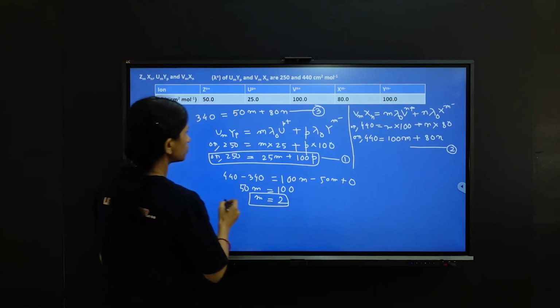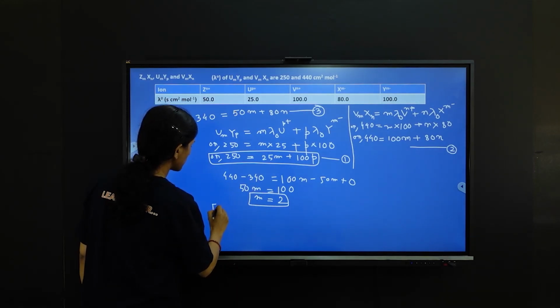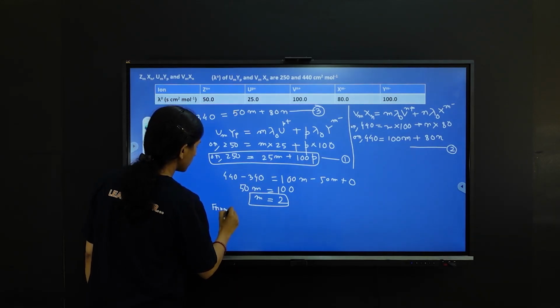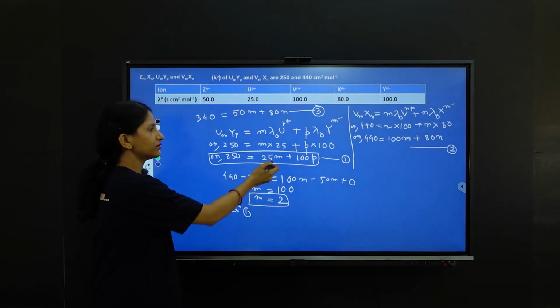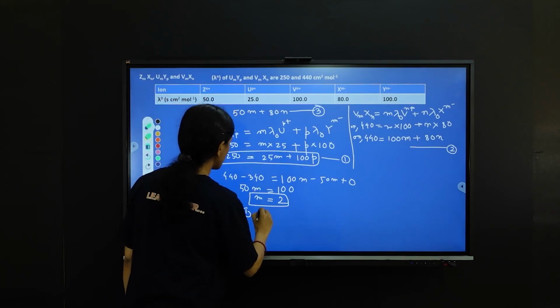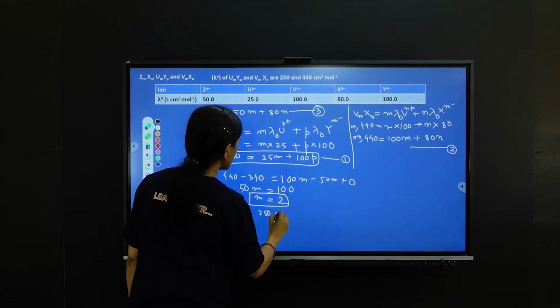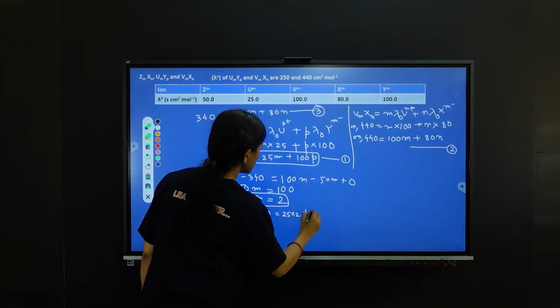From equation 1, if you put the value of m, then you will get the value of p. So 250 is equal to 25 times 2 plus 100p.